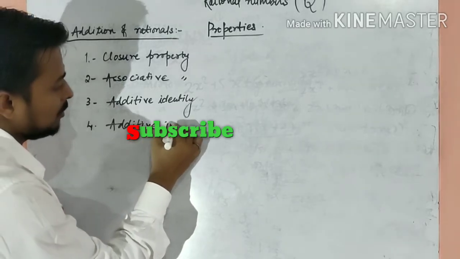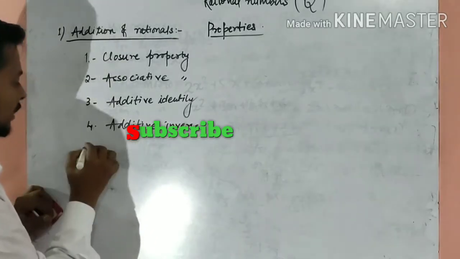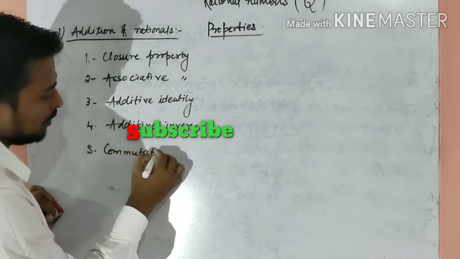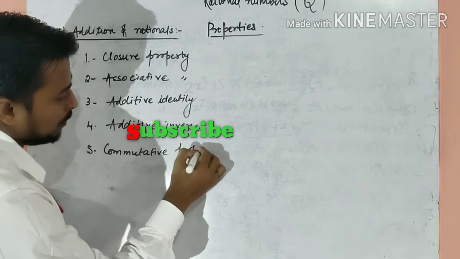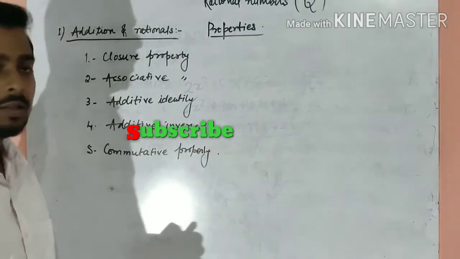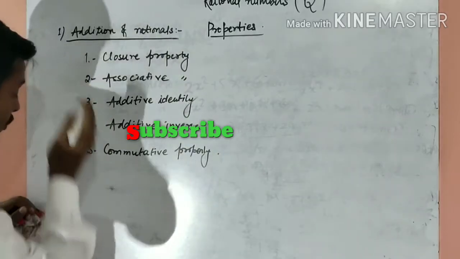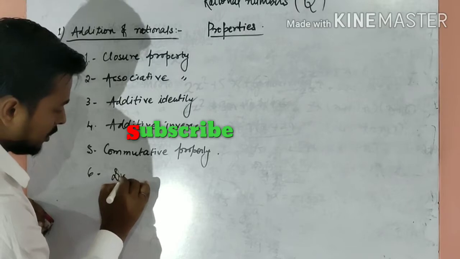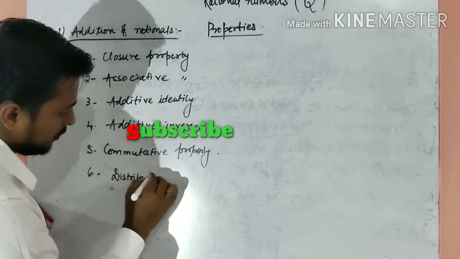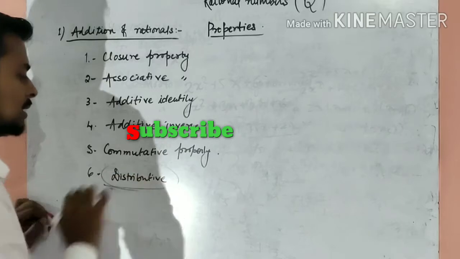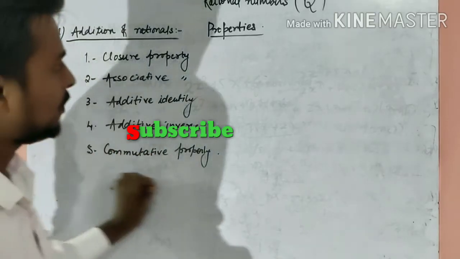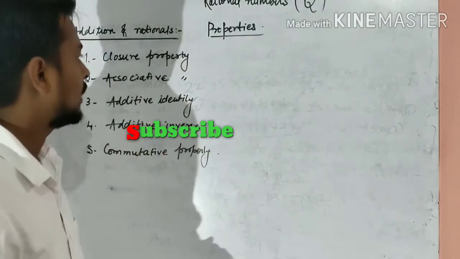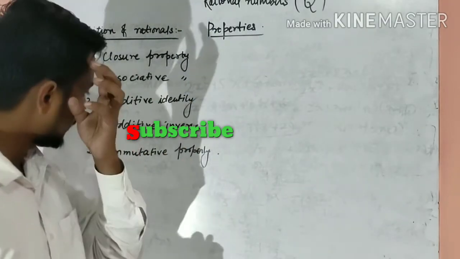And fifth is the commutative property. These five are the properties, and one more property you can take a look at, the distributive property, but we will discuss it later when we study the multiplication of rational numbers. So one by one we will take a look at all five properties.